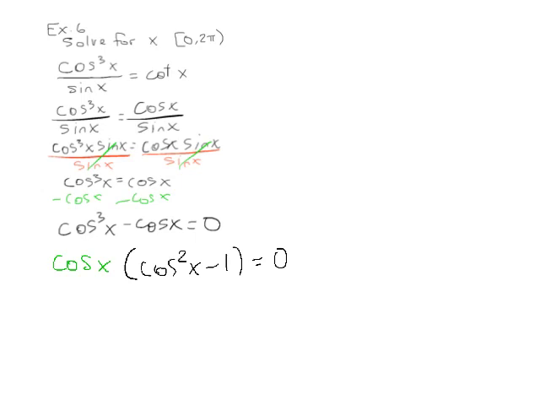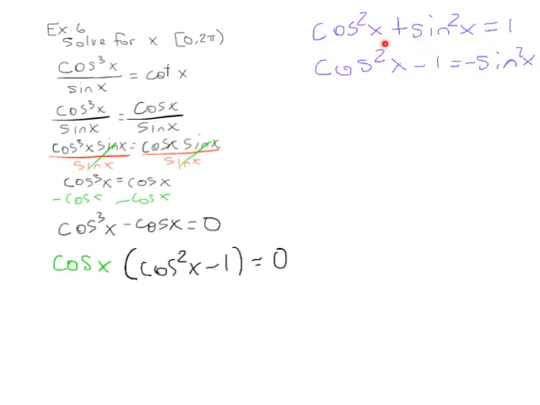Now cosine squared x minus 1, that doesn't help me too much. But again, if you go back to the granddaddy of all trig functions, cosine squared x plus sine squared x equals 1, and I move sine over and subtract 1, I would get this guy.